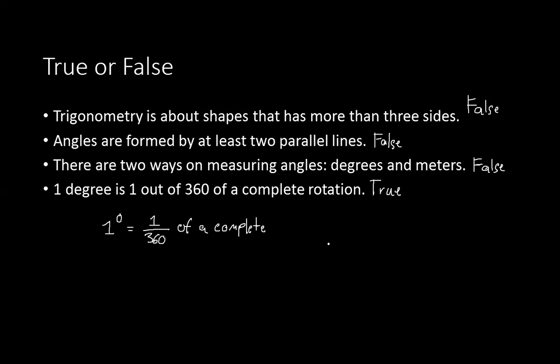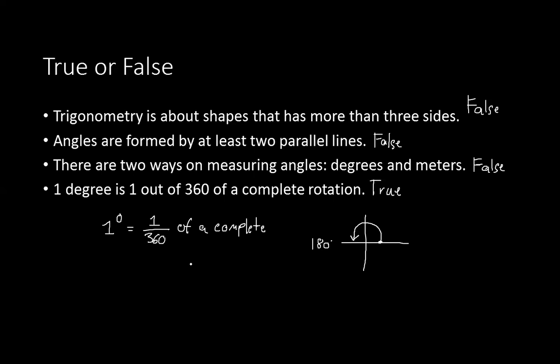So let's just say another example. Let's say you rotated 180 degrees. Remember that 180 degrees is here, right? So if you start from here, going there, you will form 180 degrees.